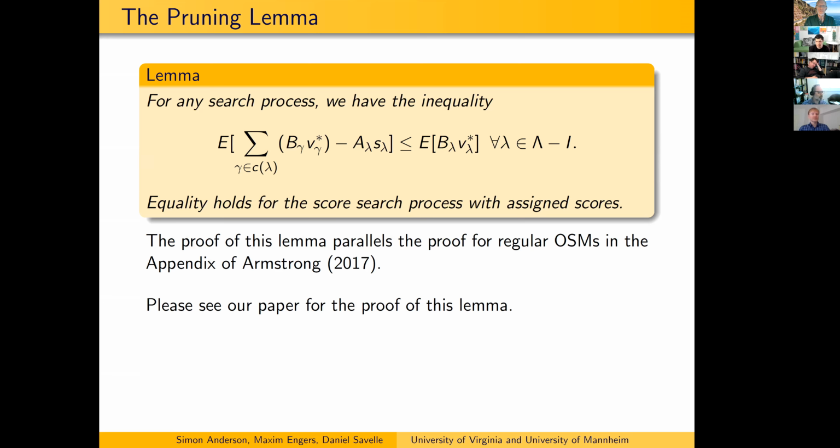The first one is an inequality: the expectation of the sum of the indicator for whether a downstream option is selected times that replacement value, summed across all the children of some node, minus the search cost for the parent. And we want to know whether that expectation is bounded above by the expectation where you just take the indicator for whether a downstream option is selected from lambda times the replacement value for lambda.